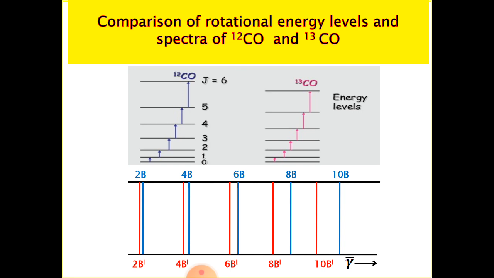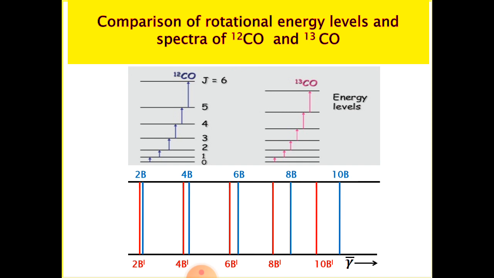The last diagram is the rotational spectra of C12O and C13O molecule. Here, the rotational spectrum of C12O molecule is shown by blue lines, and that of C13O molecule is shown by red lines.